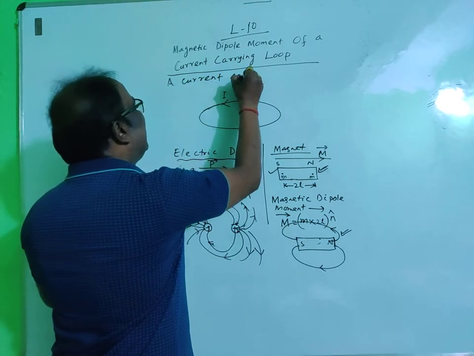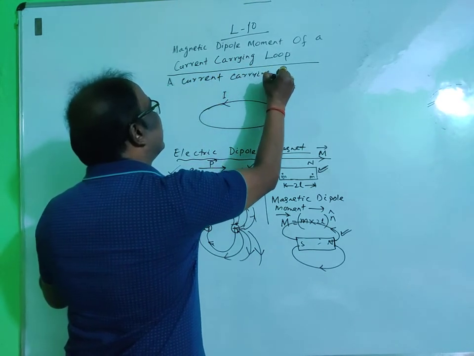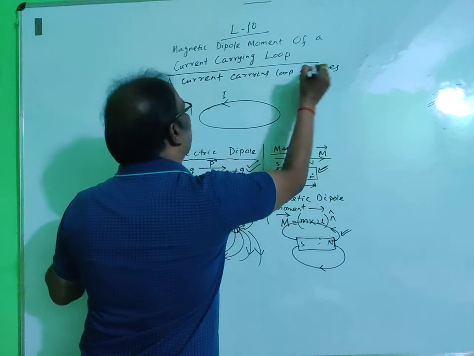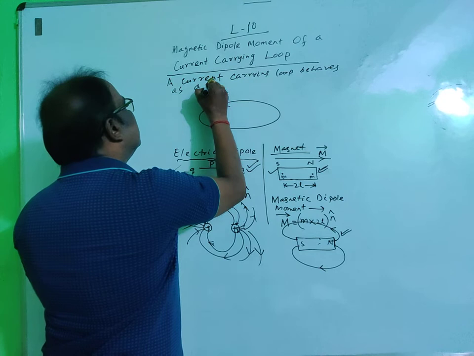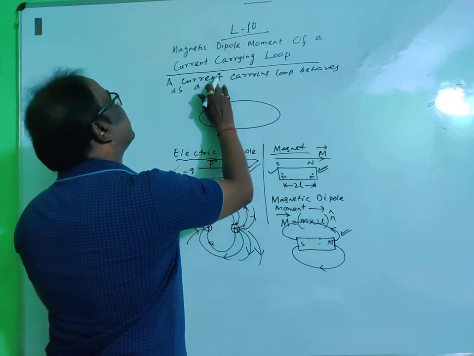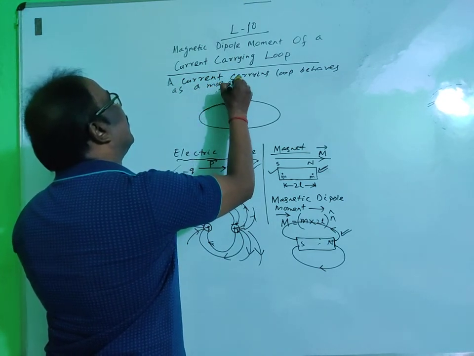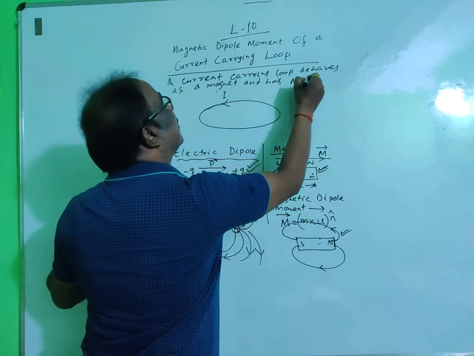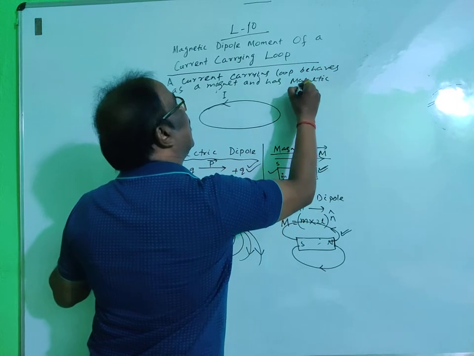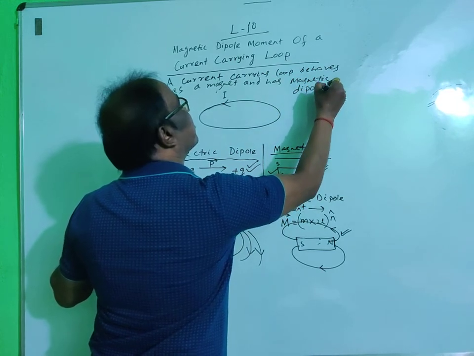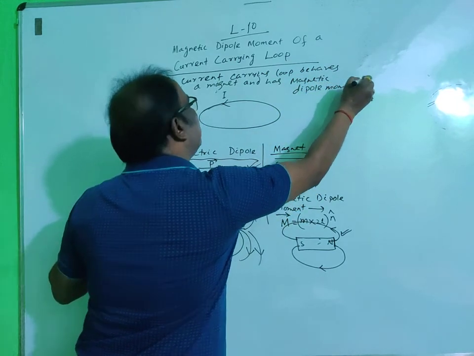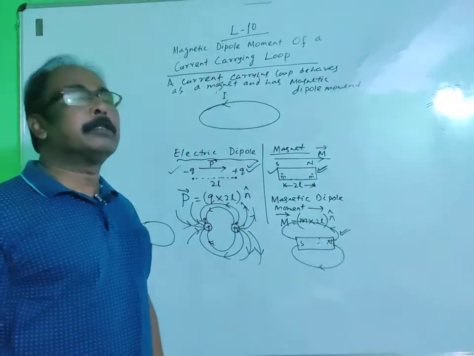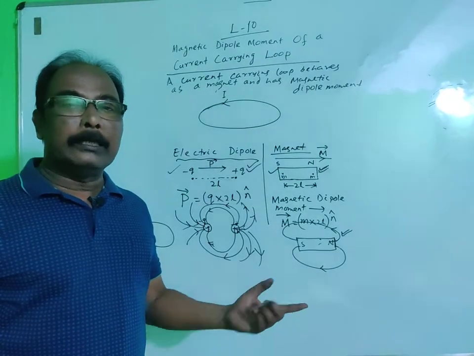A current carrying loop behaves as a magnet and has a magnetic dipole moment, as is observed.